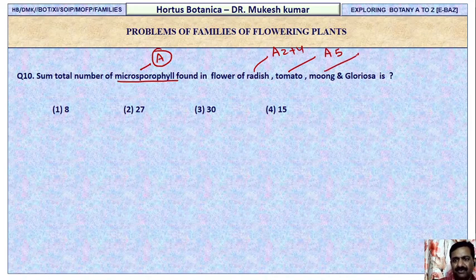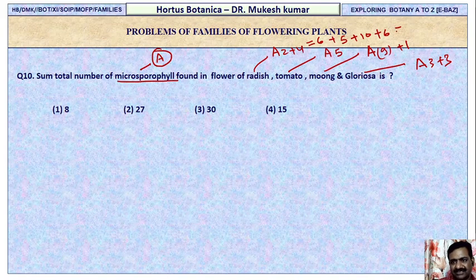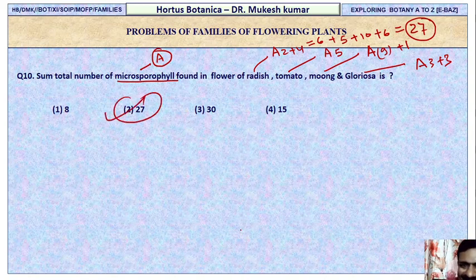Moong is the Fabaceae family, this is A9 plus 1. Gloriosa, Liliaceae, A3 plus 3. So what is the total number? Count it. 6 plus 5 plus 10 plus 6. Total: 11 and 10, 21 plus 6, that is 27. See, very interesting.